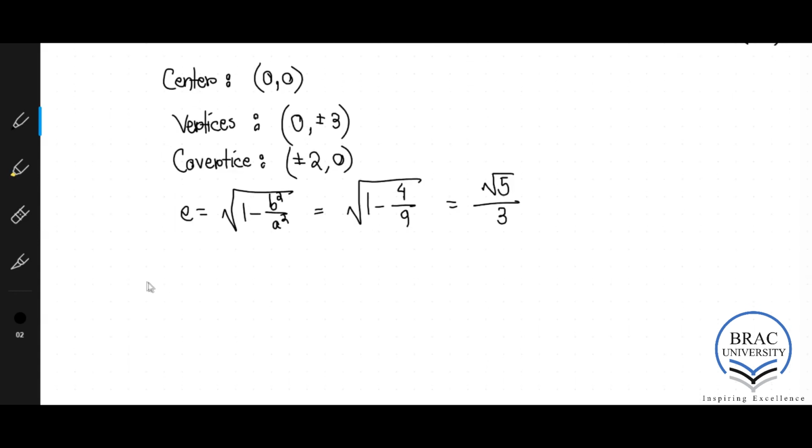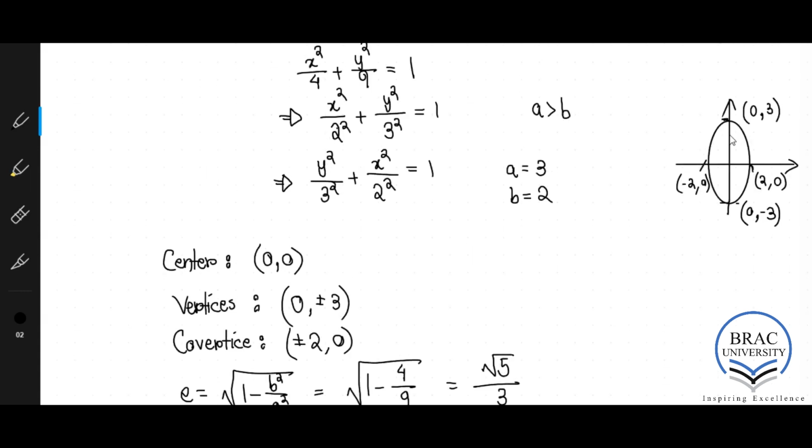So that's our eccentricity, and the foci are at 0 comma plus minus, if you remember, plus minus ae. So this is 0 comma, if you multiply a with this, you would get square root of 5. So these are the positions of the foci, and we can point them on the diagram. These are like the foci, right? It's a bit less in distance from the vertices.